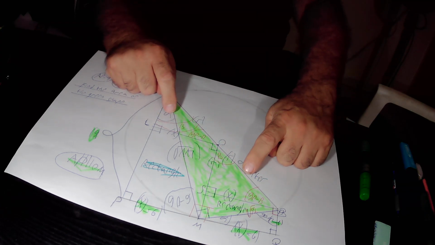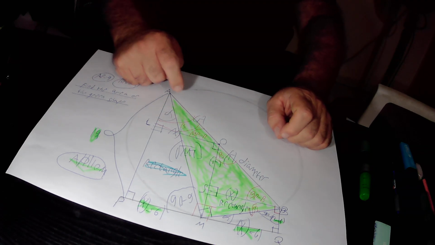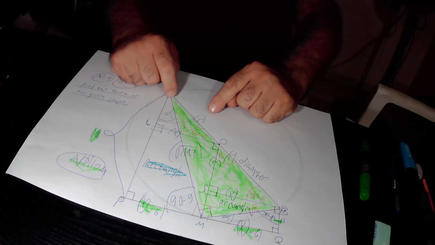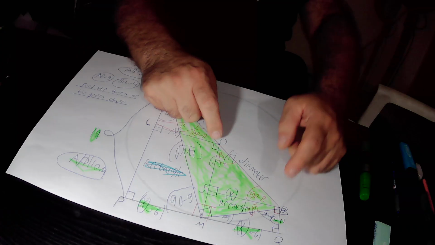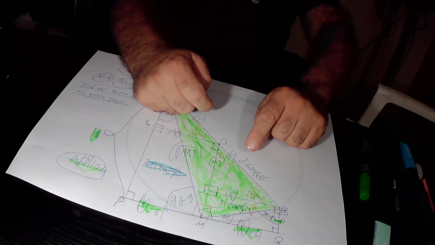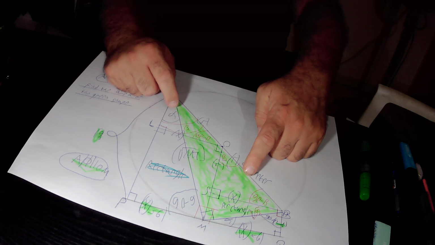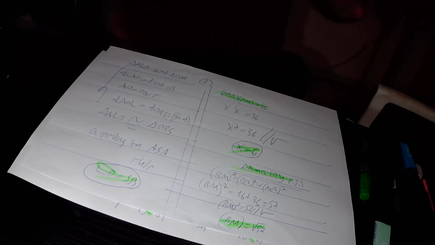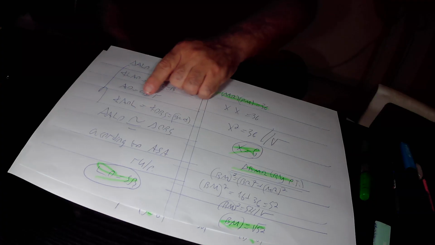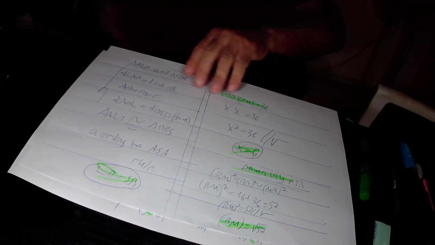Therefore, those two right triangles can go into each other according to the angle side angle rule. So again, triangle ALO can go into triangle OSB according to the angle side angle rule.